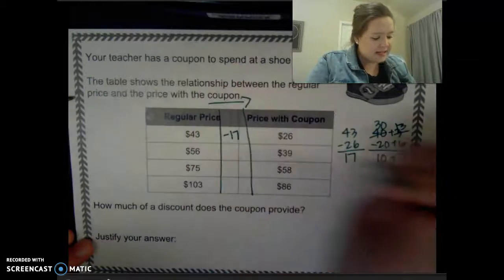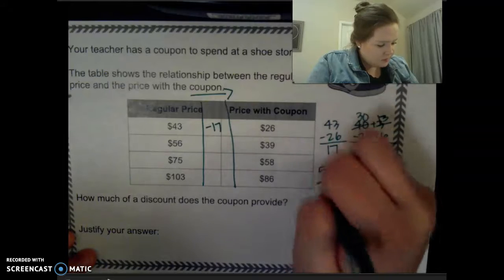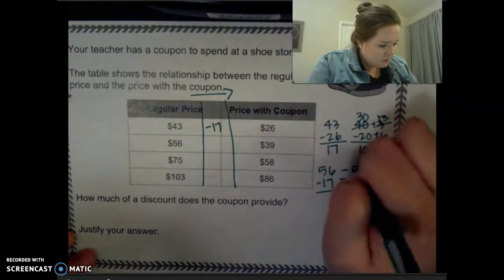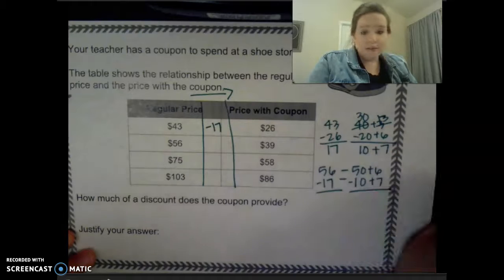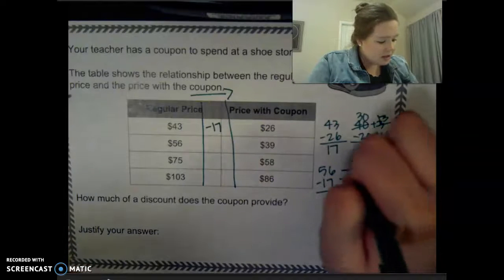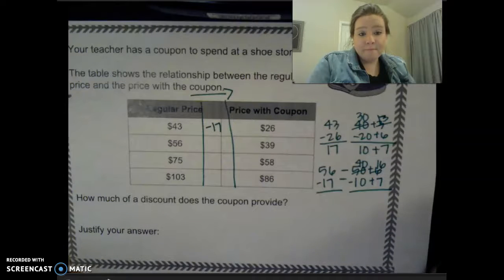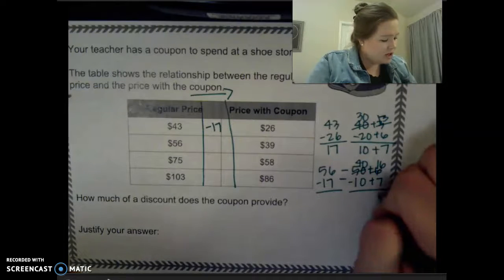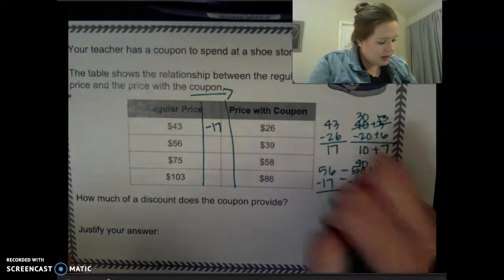Let's see if 56 minus 17 equals 39. Six minus 7, can't do that. Good job. 16 minus 7. Good job. 40 minus 10. Good. 39. Let's see.